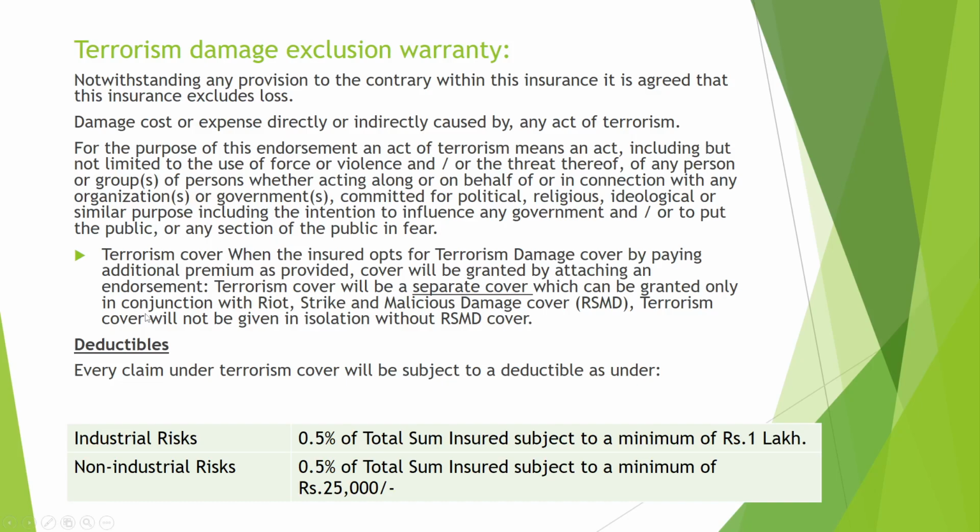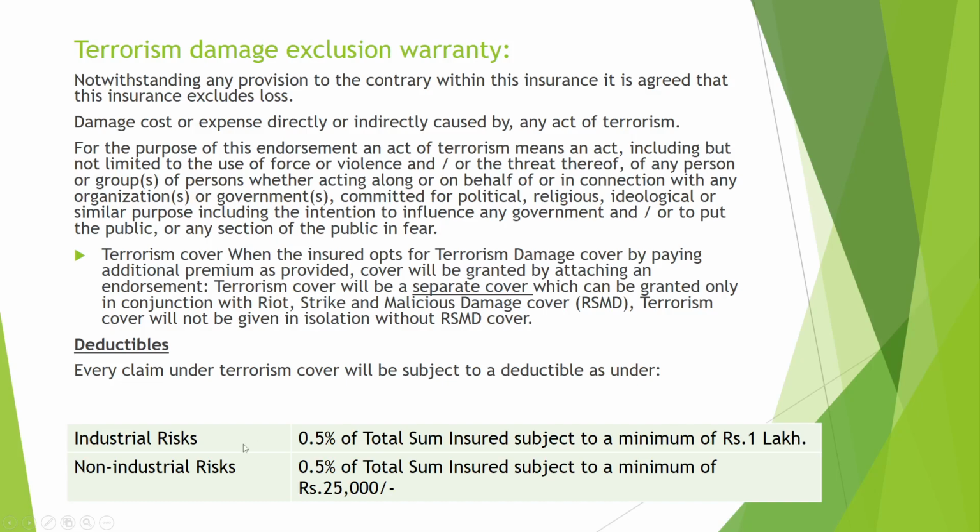What deductibles are here? You know that some deductibles are there in every policy. Every claim under terrorism cover will be subject to a deductible as under. If it is industrial risk, you have to see 0.5% of total sum insured subject to a minimum of rupees 1 lakh.